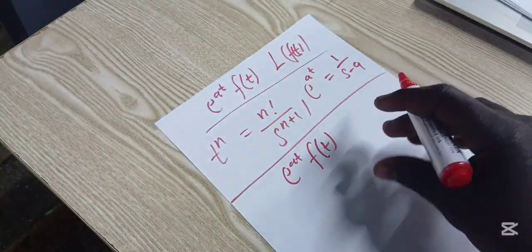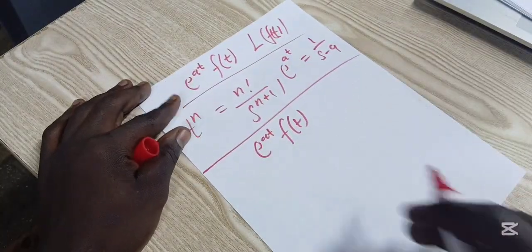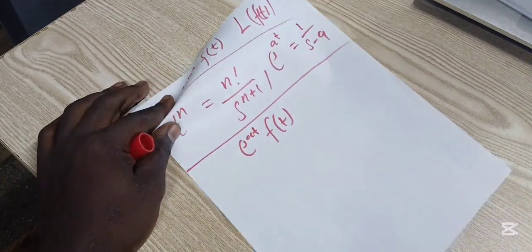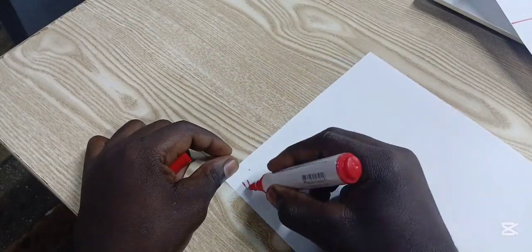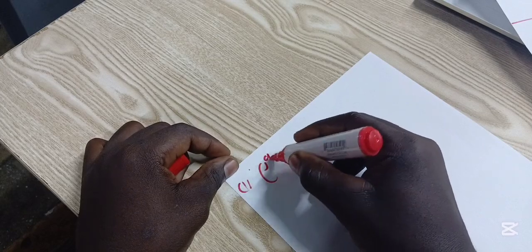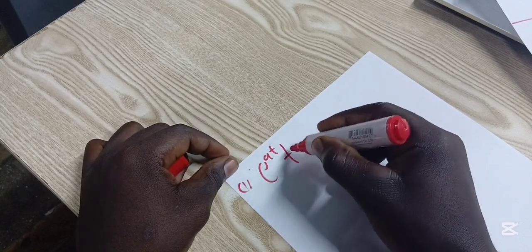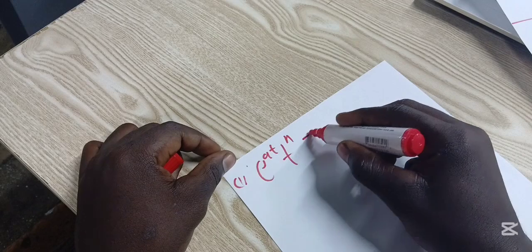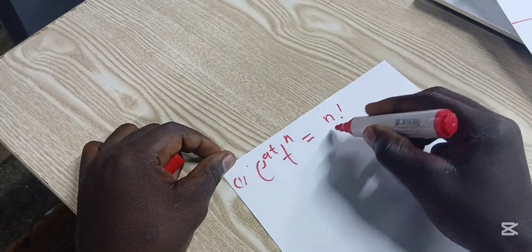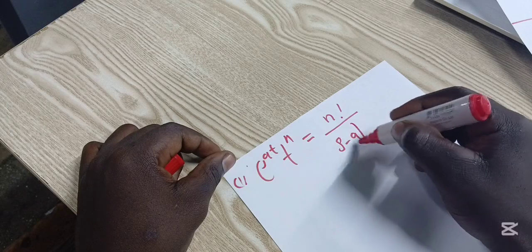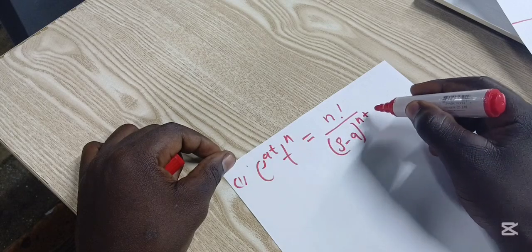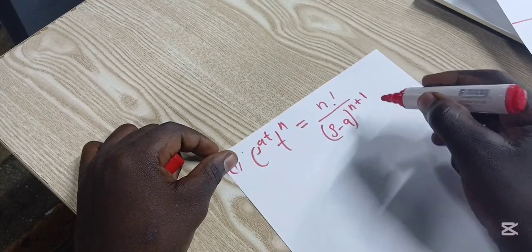So the formulas you need to know are, if we have, let me change this here. The Laplace transform of e to the power at t to the power n is going to give us n factorial all out of s minus a, into bracket, to the power n plus 1.